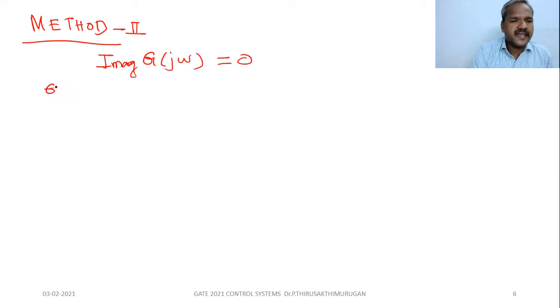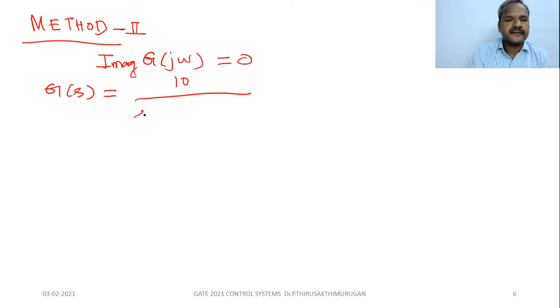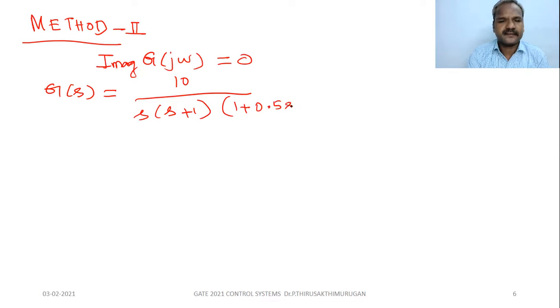For example, say the open loop transfer function G of S equal to 10 divided by S into S plus 1, then 1 plus 0.5 S. So this is a transfer function. Then what we have to do? We have to convert into frequency transfer function.